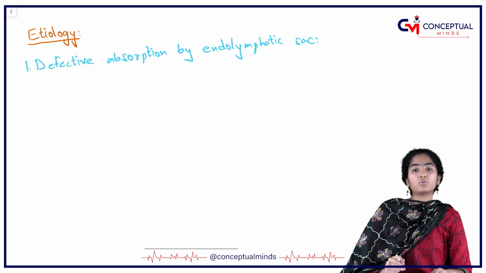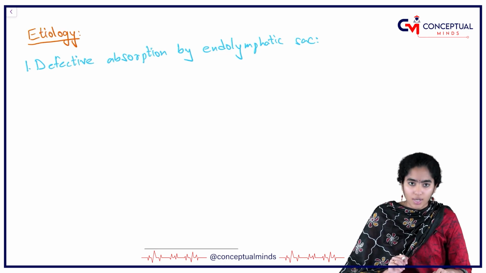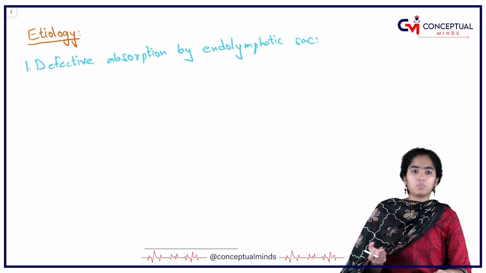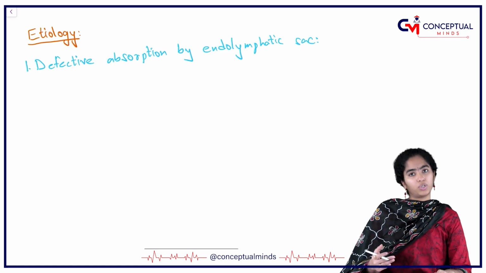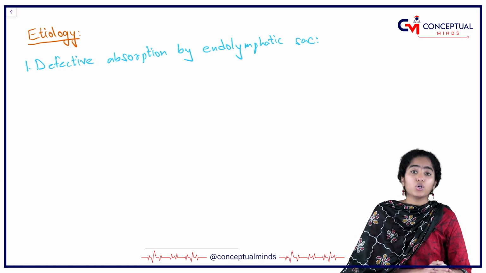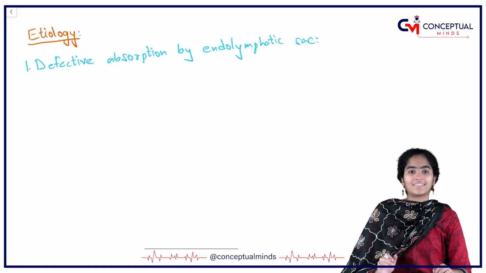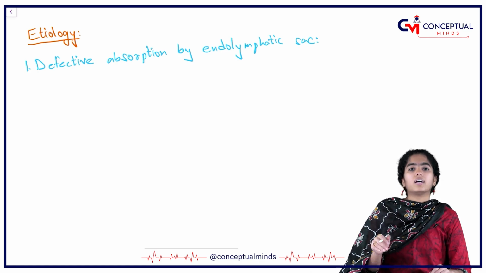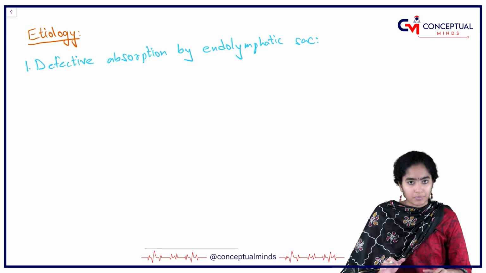Now, how do we prove this, or what gave us the idea that this could be the cause? Because experimentally, if we obstruct the endolymphatic sac, we could produce distension of the endolymphatic system, as in Meniere's disease. That's how it was understood that defective absorption by the endolymphatic sac could be a reason.